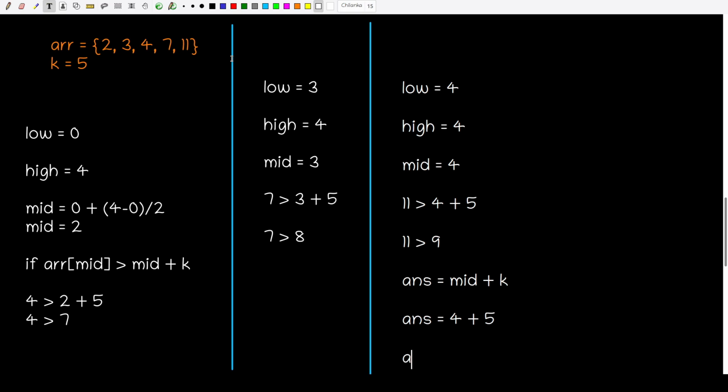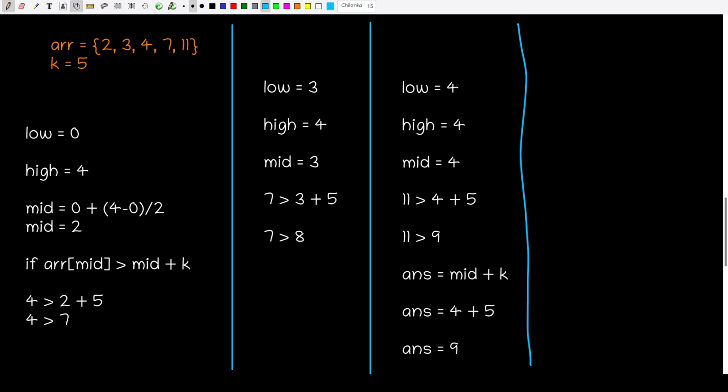So our answer will be set to 9. And then our objective is to find the first missing element, because of which we are going to update our high to mid minus 1. So in the next iteration, low will be equal to 4 and high will be set to mid minus 1, so this becomes equal to 3.